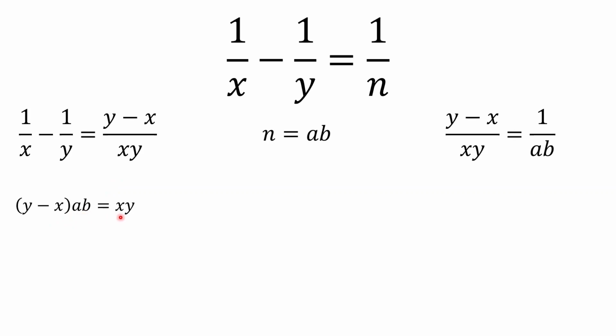Now here we have to be a little bit creative. We know that ab is n, and this is something that is given to us. We cannot change it with this assumption. x and y are the solution of the equation, so they can be anything as long as they fulfill this equation. Here, I want to be creative and I considered y to be equal to ab times another number, y prime.